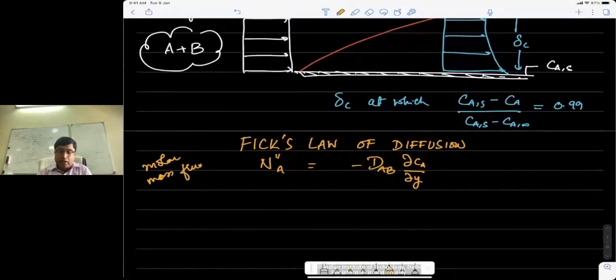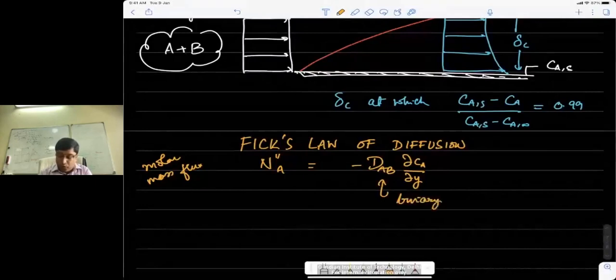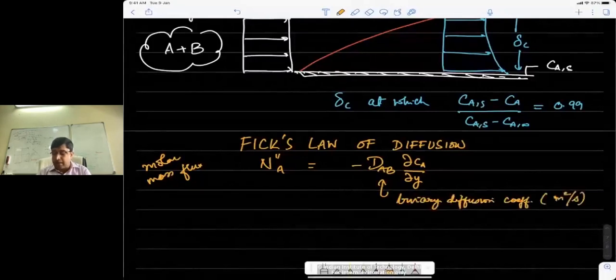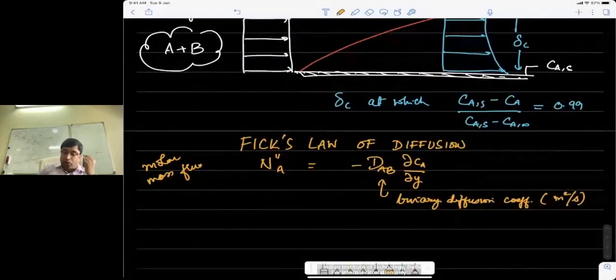But I'm saying in general, this is how it's written. Fick's law basically says that the flux is proportional to the concentration gradient. So DAB will be called a binary diffusion coefficient, and it also has units of meter square per second, similar to kinematic viscosity and also thermal diffusivity.